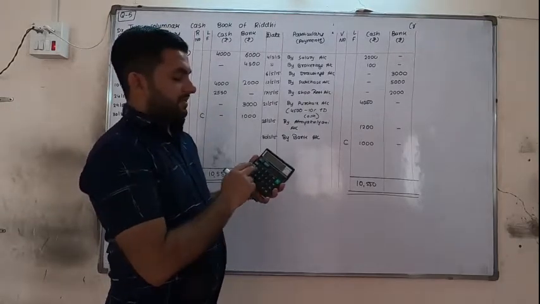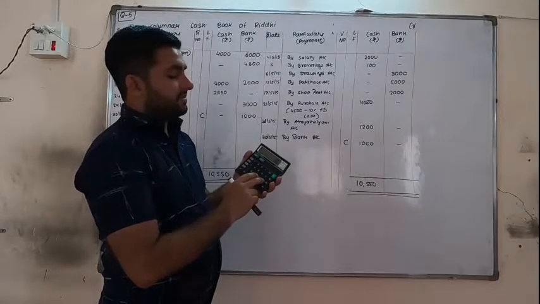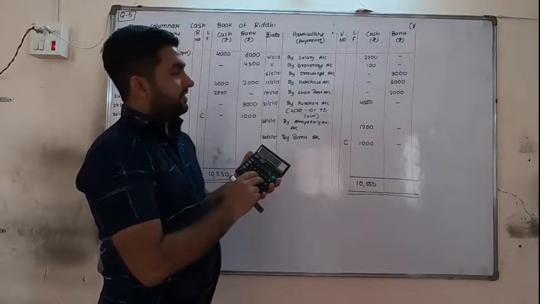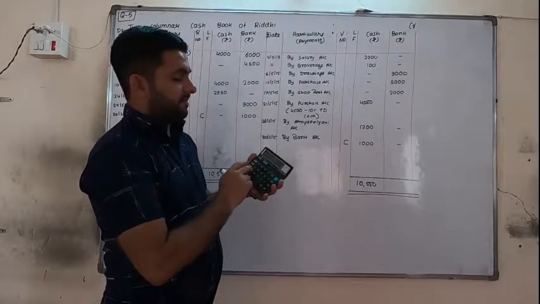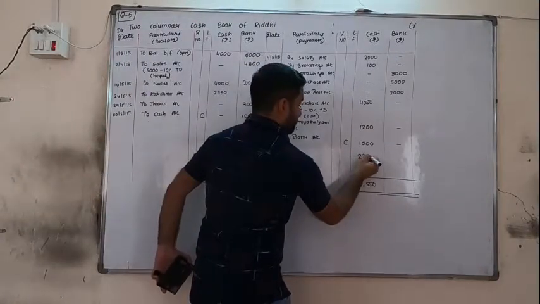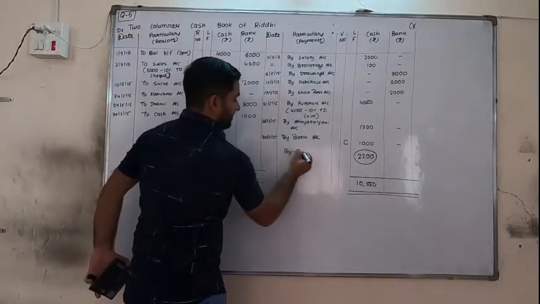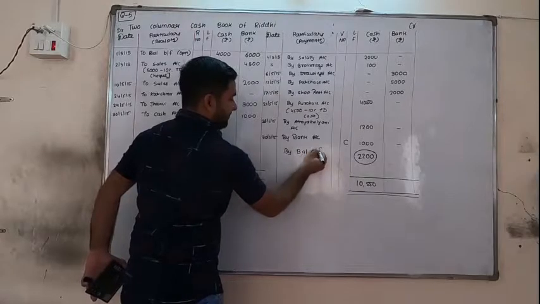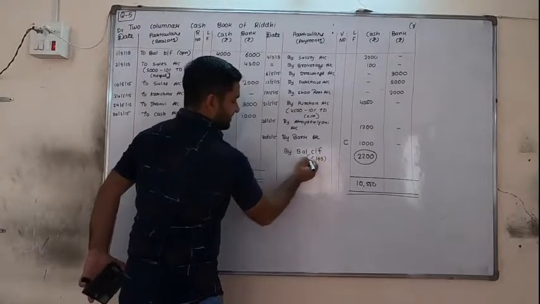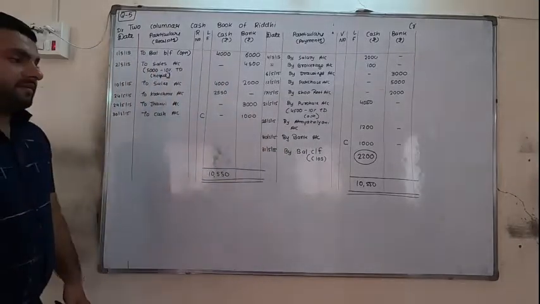Once more I will do. 10,550, minus 2,000, minus 100, minus 4050, minus 1,200, minus 1,000, 2,200 by balance carried forward. This is closing balance, and it will come on the last date of month 31/5.